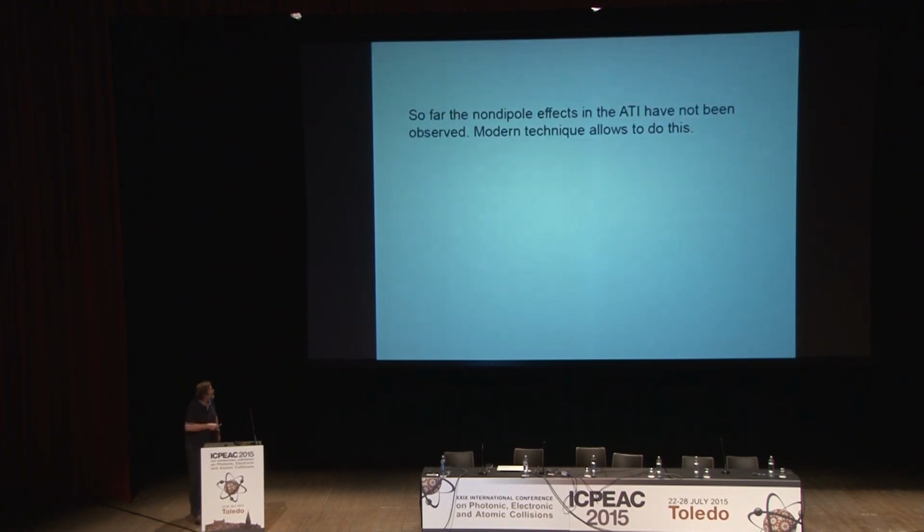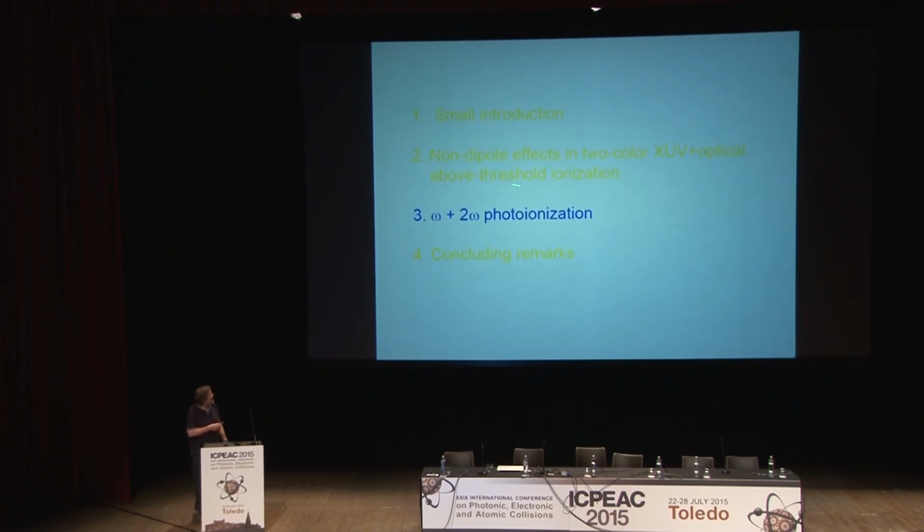So far, the non-dipole effects in above-threshold ionization have not been observed, but it looks like modern technique allows this. I turn to the second part, which will be shorter: omega plus 2 omega photoionization.